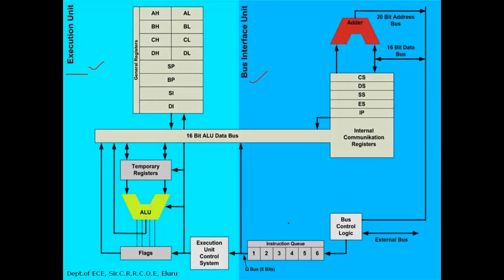From the architecture diagram also, you can see in the bus interfacing unit the 4 segment registers, an instruction pointer IP, the address generation unit, instruction queue, and bus control logic. These are the functional units inside the bus interfacing unit. We will see them one by one in detail.